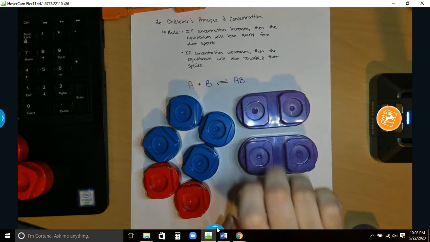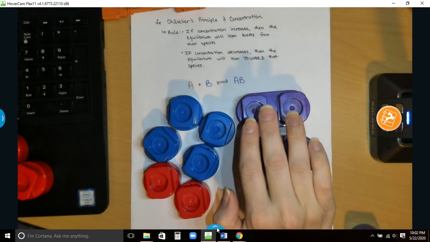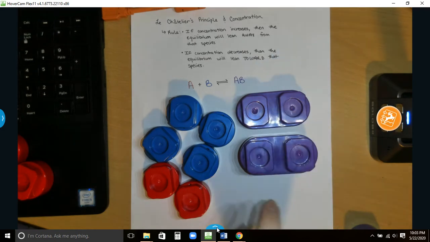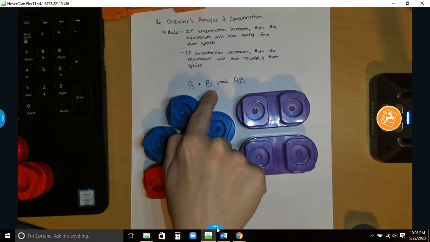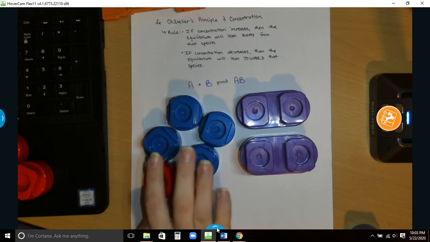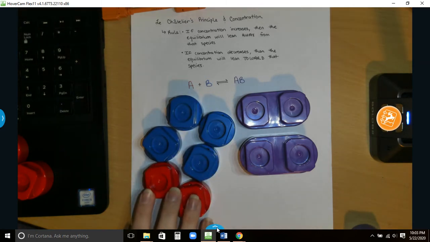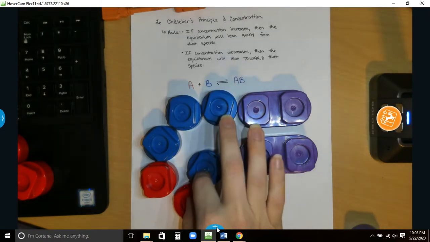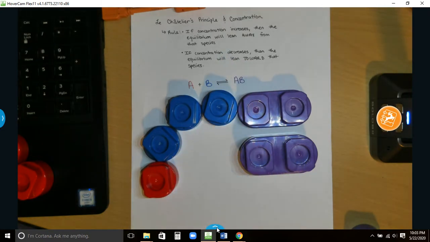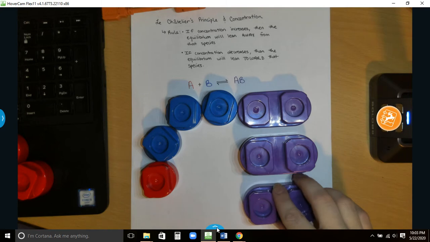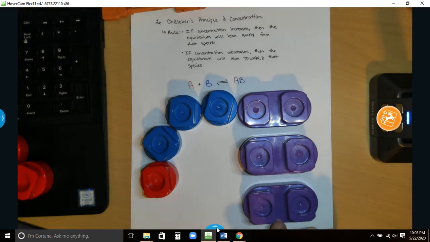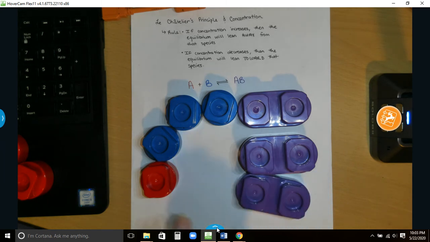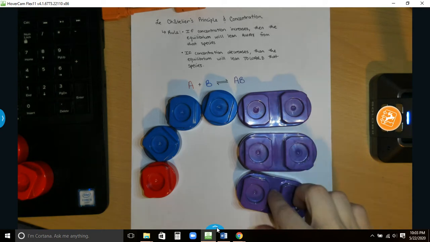And so when the rule says that equilibrium leans away from that chemical species, it's saying that since B went up, there are going to be more collisions with A, and more collisions with A is going to lead to an increase in my product. So it's going to increase the chemical species that's on the other side of the chemical reaction, which in this case is AB.